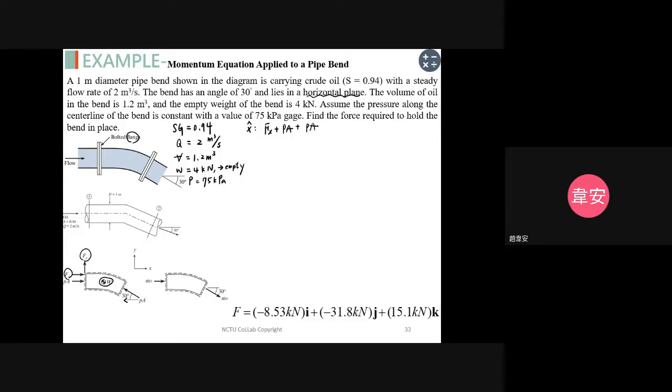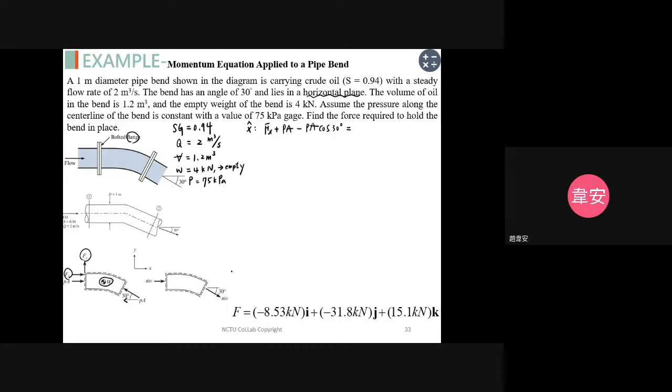So need to have the cosine 30 degrees, but the direction is negative. So we have the minus here, and it's equal to a momentum balance. So what is the momentum balance along the x direction?